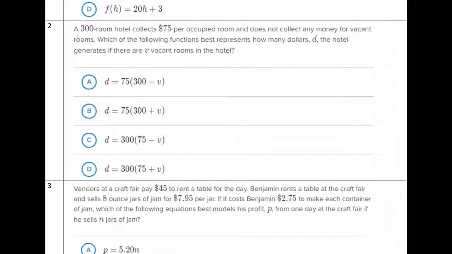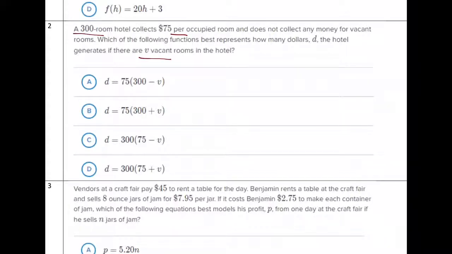Number 2. A 300-room hotel collects $75 per, that's a key word there, per, occupied room, and does not collect any money for vacant rooms. Which of the following functions best represents how many dollars D the hotel generates if there are V vacant rooms in the hotel? So V represents the number of vacant rooms, and we know the total possible is 300.